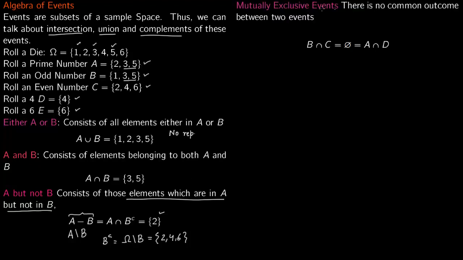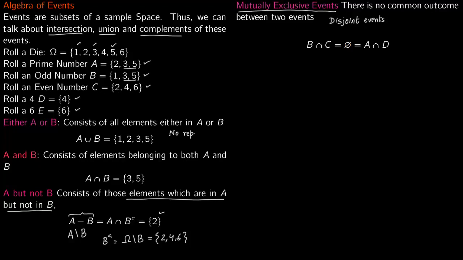Now we talk about mutually exclusive events. These are also called disjoint events. That means there is no common outcome between two events. For example, between B and C, there is no common outcome. B is roll an odd number, 1, 3, 5, C is roll an even number, 2, 4, 6.